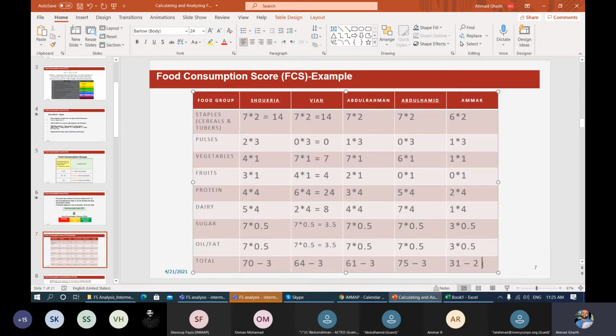Shuruk, what do you mean by that? Oh, so what else besides the fact that food consumption score only measures really energy intake? What other reasons would we not want to say because Vian has a 64 or Abdurrahman has a 61 that they're food secure?